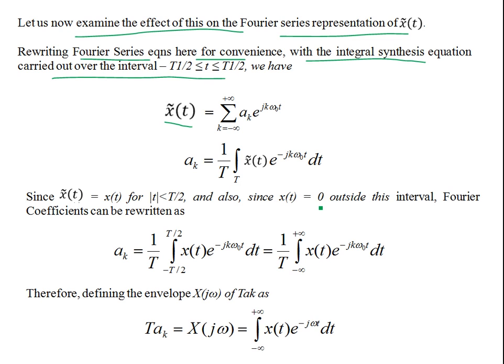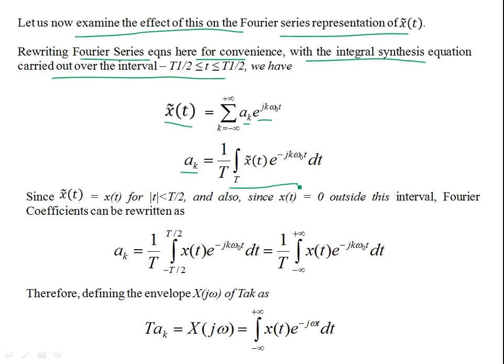So given the Fourier series is convergent, we can always express a periodic signal in time domain by a linear combination of complex exponentials, and these exponentials in turn are harmonically related with the strengths a_k. Okay, now a_k are the Fourier coefficients which are given by the analysis equation.